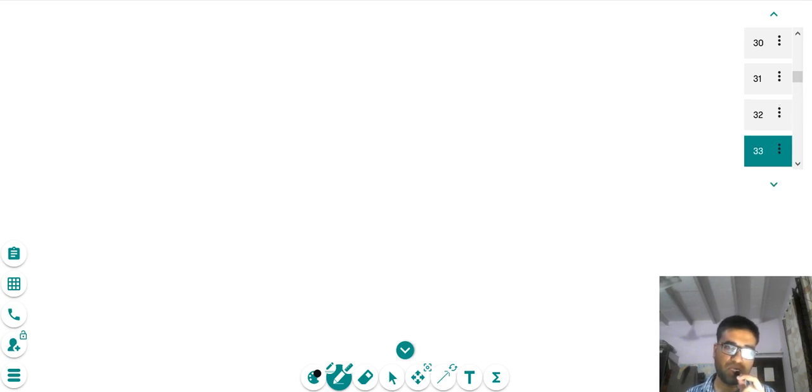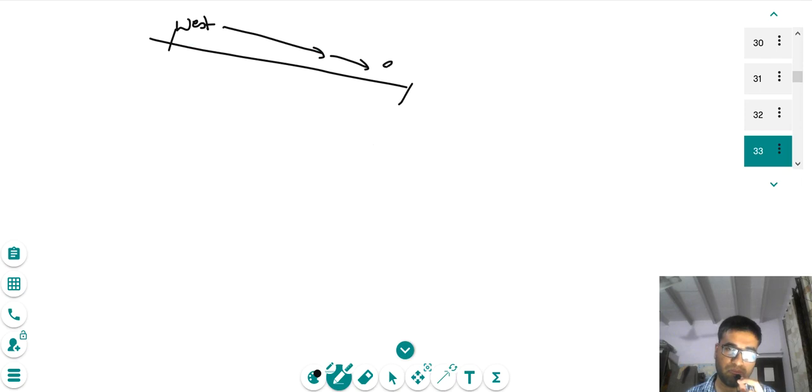Now you see the Himalayas extend from west to east, right? This is west, this is east. So there is a very significant and stark difference between the West Himalayas and the East Himalayas. In the earlier class, we did the vegetation difference between East Himalayas and West Himalayas on the basis of altitude.